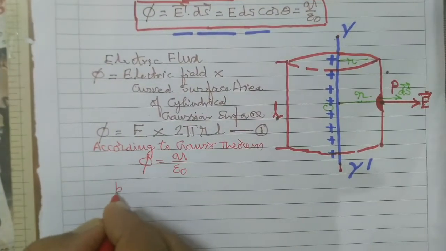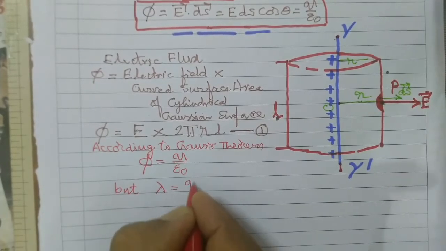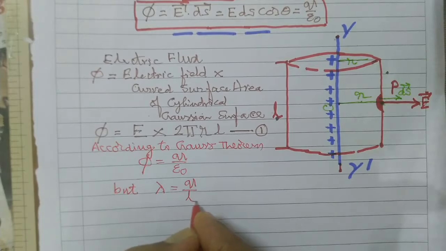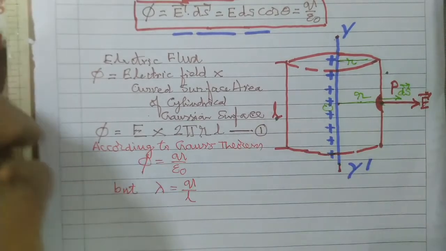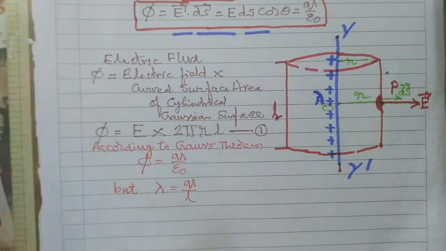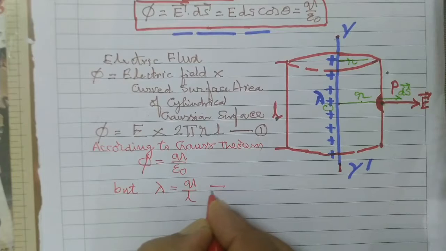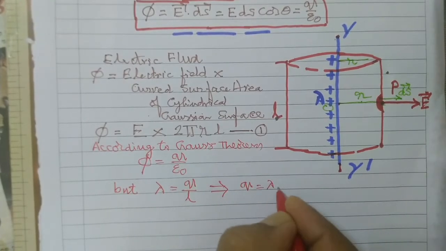But you know very well, lambda is equal to q by L. In the beginning itself, we said that charge density lambda is applied here. Now, from lambda equals q by L, we can say that q is equal to lambda L. I think you understood this.